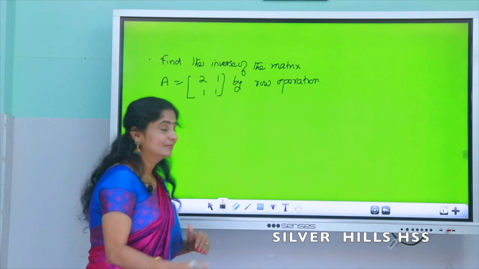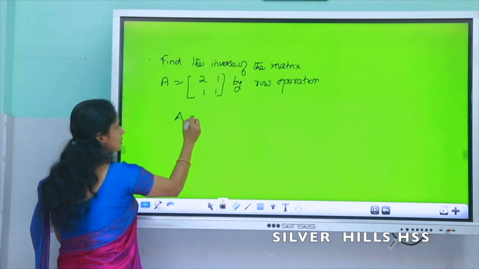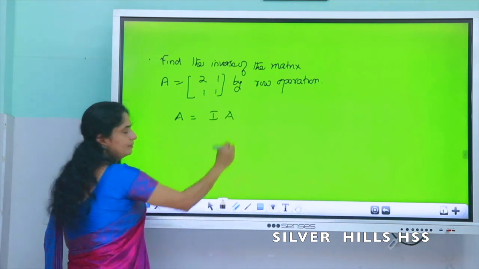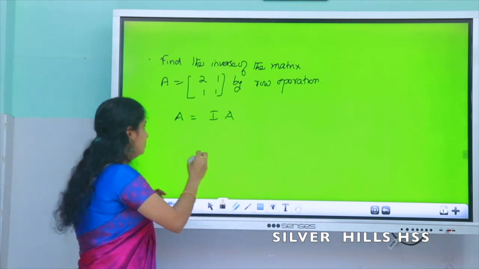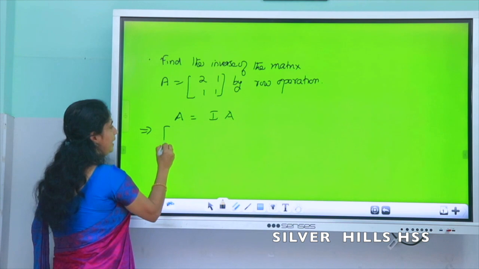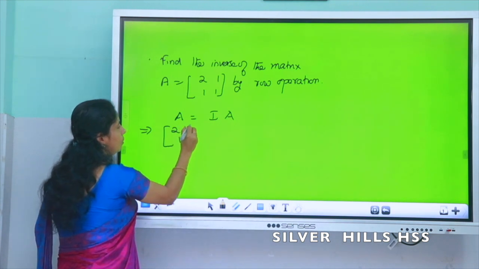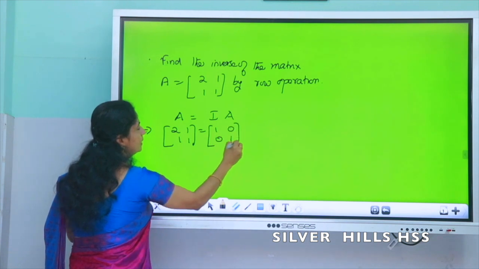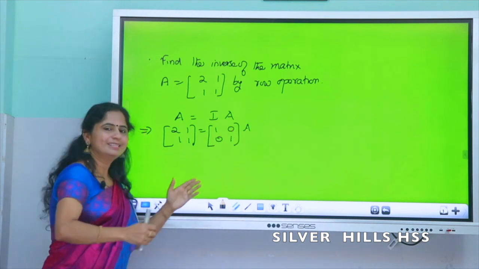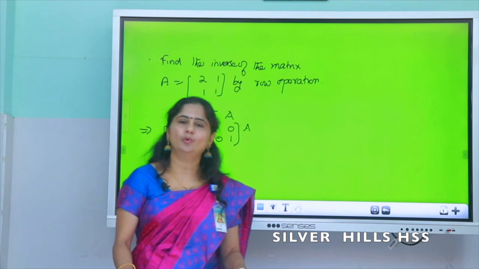A is equal to I into A. This is the first step, which implies A is 2, 1, 1, 1, I is 1, 0, 0, 1, and no change takes place in the second matrix when we apply the row operation.